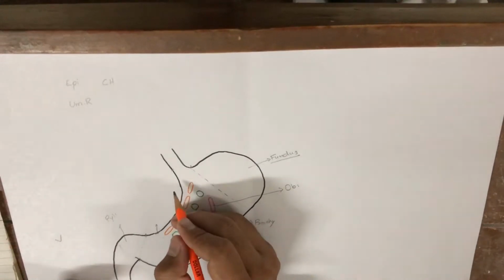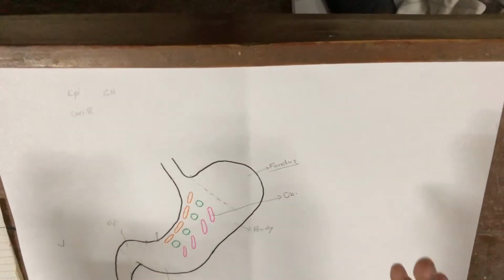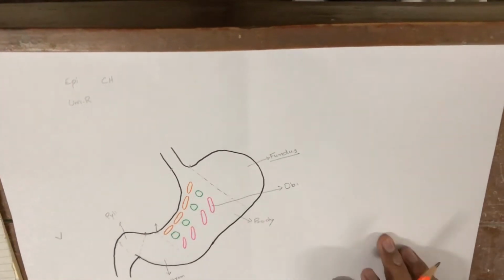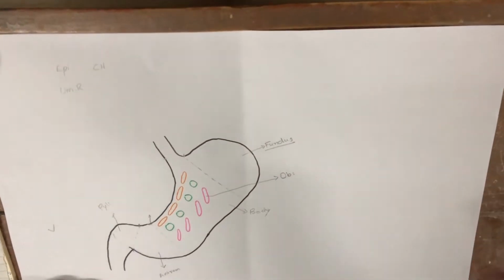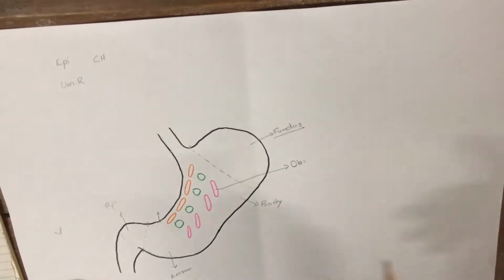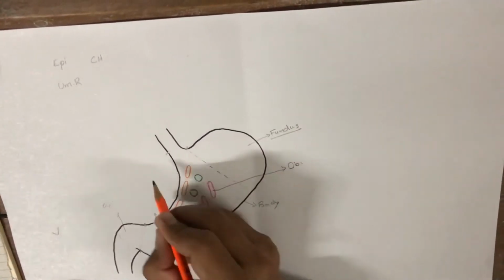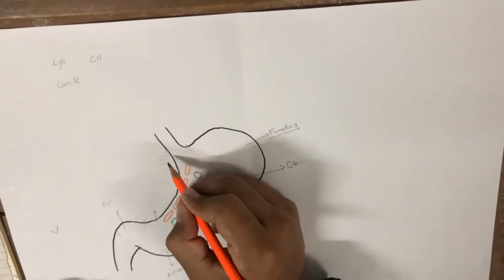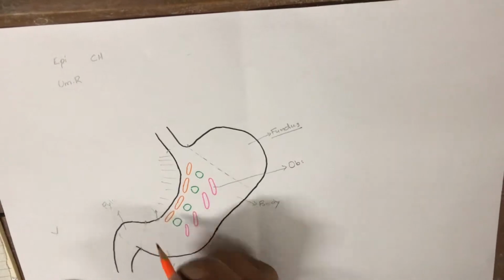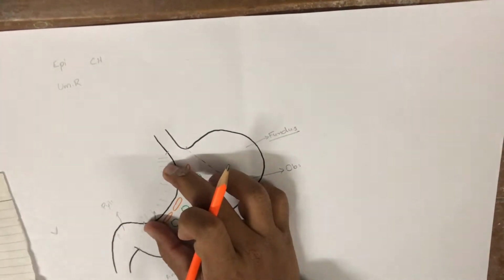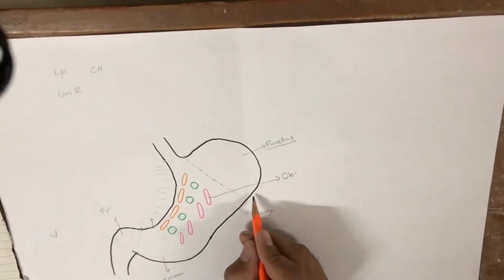Now the other two things present in the stomach are the lesser omentum and the greater omentum. The lesser omentum starts from the cardiac orifice till the pyloric orifice, and it connects the stomach with the liver. This is called the greater omentum.